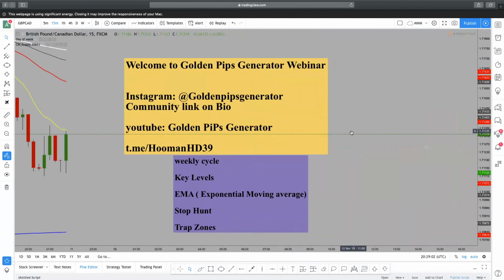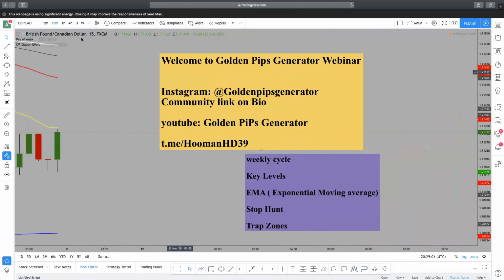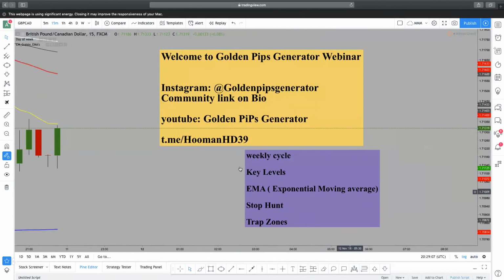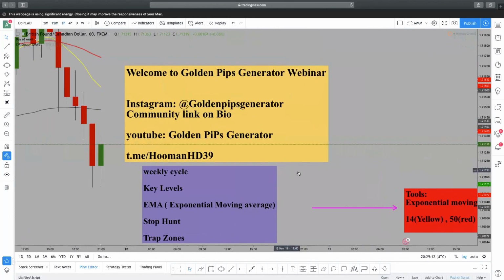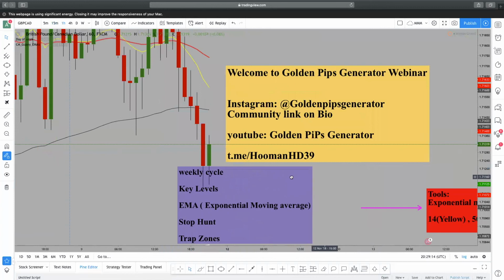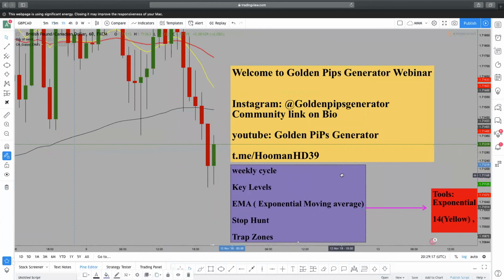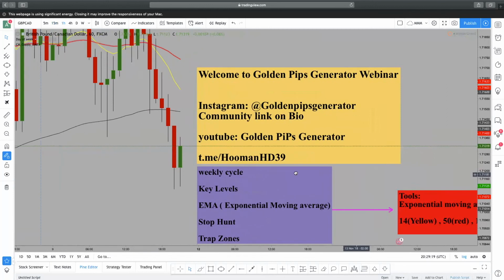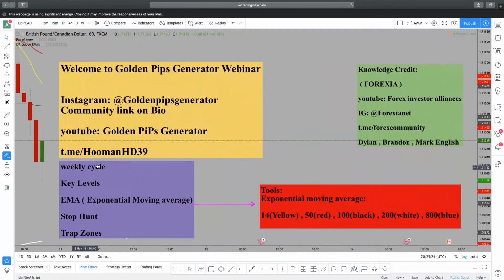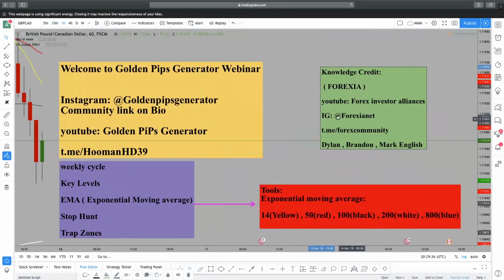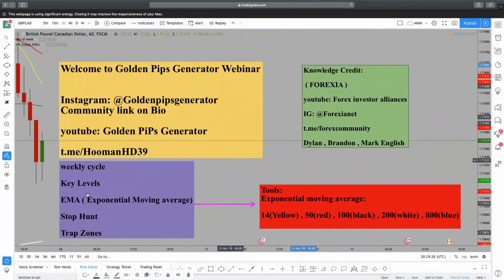That's pretty much what I made ready for you guys today. Let me go one more time through these tools. I'll explain again. Most of what I use is I look at the weekly cycle, I look at the key levels, I look at the EMAs, I wait for stop hunts, I try to identify trap zones.